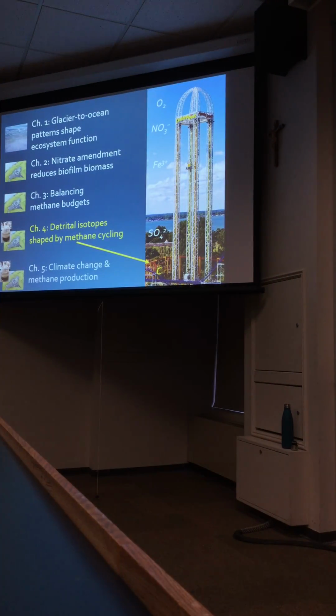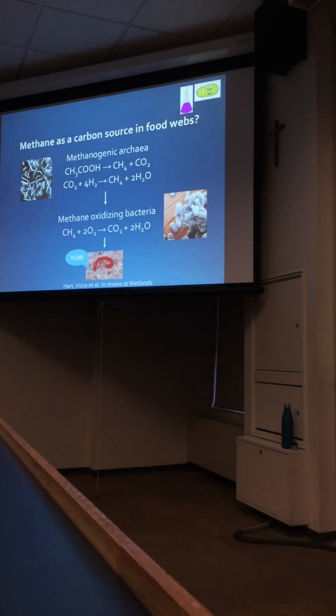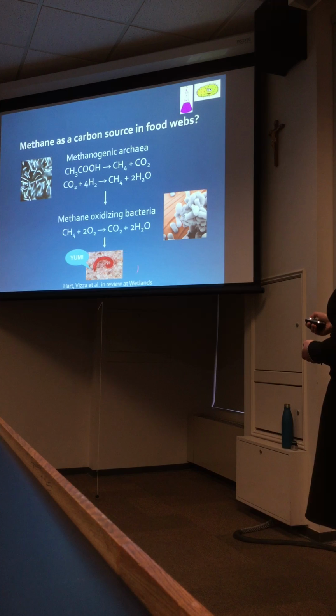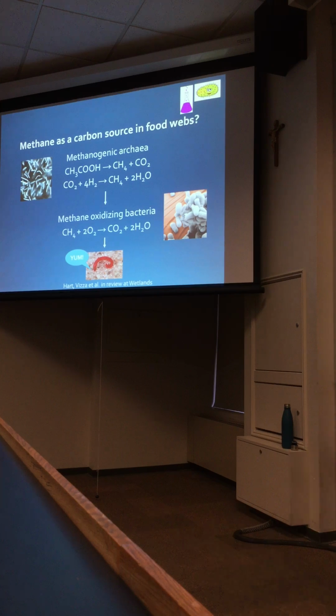So let's think a little bit about how methane can be traced into the food web. I told you earlier, right, methane can be produced, it can be oxidized by methane oxidizing bacteria, and then that methane can be incorporated into the food web to invertebrates like this one when they chomp on that bacteria, okay?